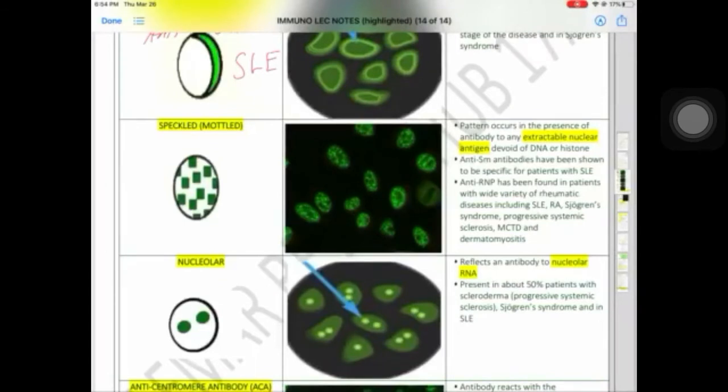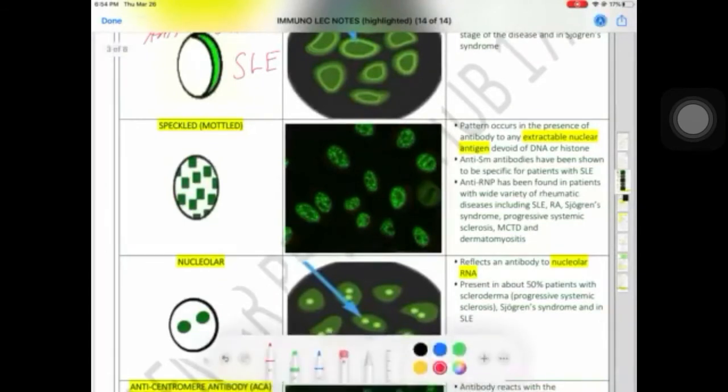It is associated with anti-ENA, anti-extractable nuclear antigen. Ano po yung anti-ENA? Halimbawa po nito, we have yung anti-SMIT and anti-RNP. Anti-RNP for anti-ribonucleoprotein.